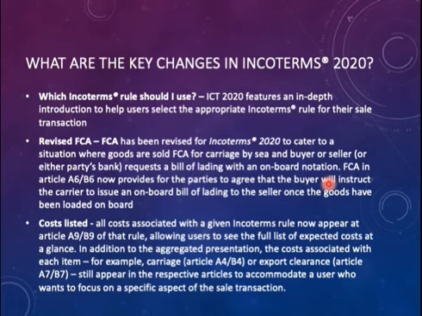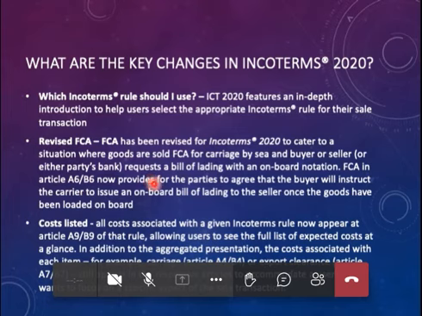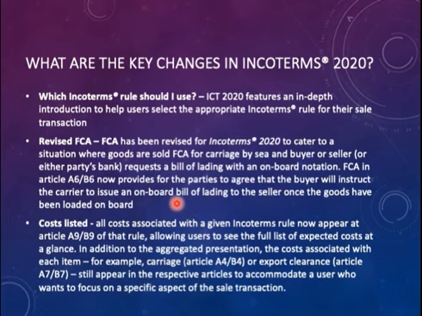So FCA in Article A6 and B6 now provides for the parties to agree that the buyer will instruct the carrier to issue an onboard bill of lading to the seller once the goods have been loaded on board.